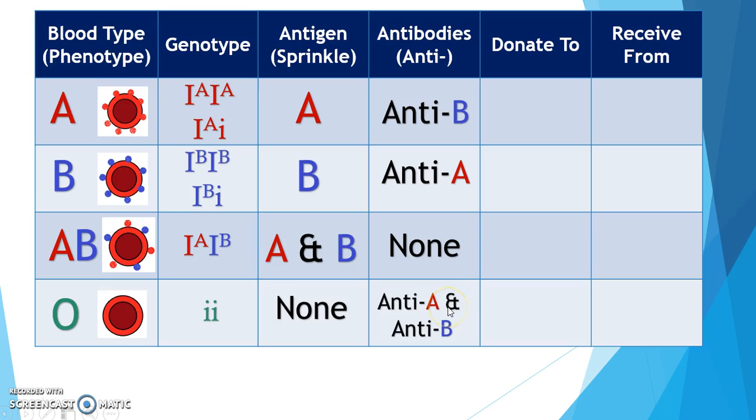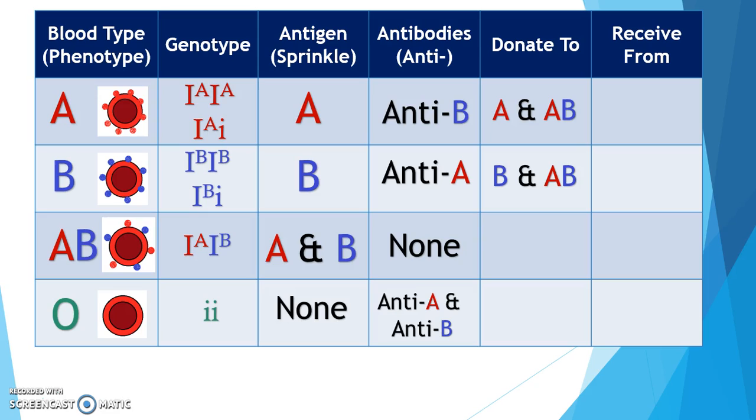So the only person a type A individual can donate to is another type A or an AB person. A person who is type B blood can only donate to another person that can receive that antigen, which would be a type B or AB person.